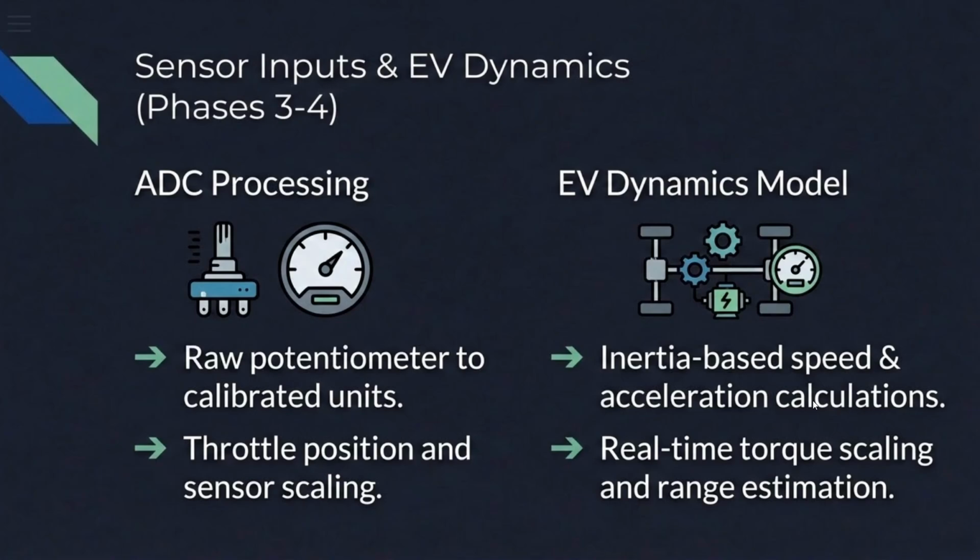The EV dynamics model uses these processed values to estimate important vehicle parameters. For example, it estimates acceleration, vehicle speed, torque, and remaining driving range. This allows the dashboard to display realistic EV information rather than raw sensor readings.